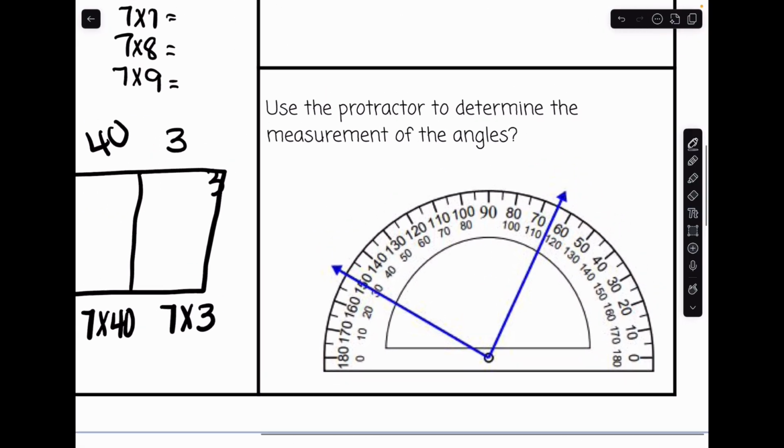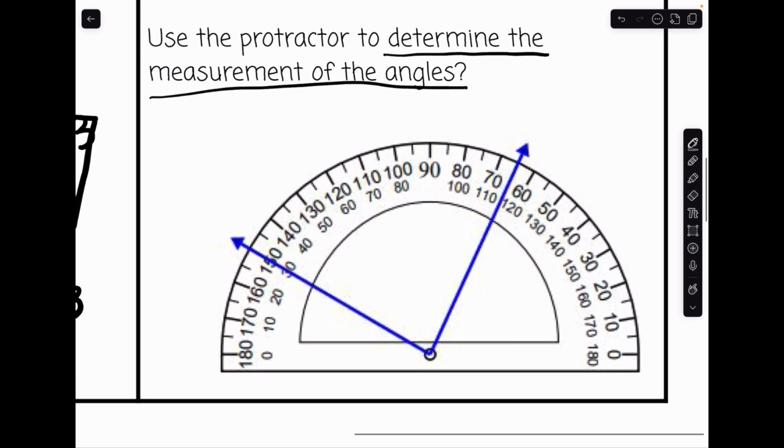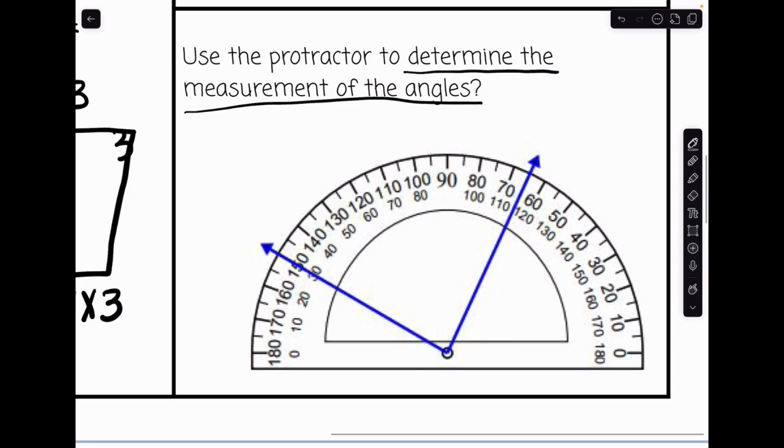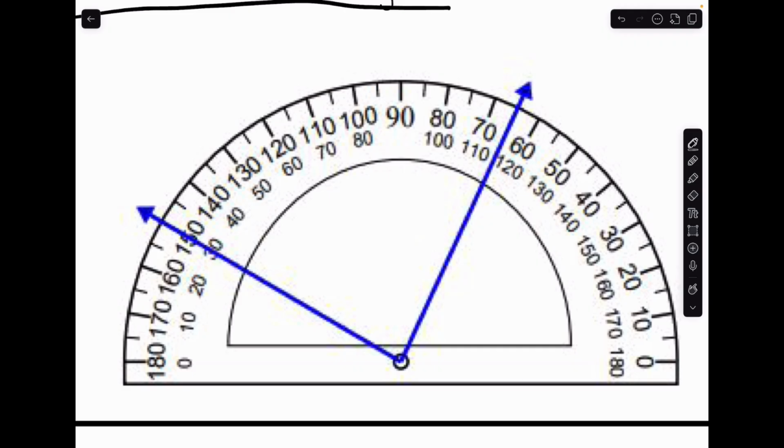Next, we are using the protractor to determine the measurement of the angle. Okay. So when I look at this angle, I'm going to zoom in, and y'all can do this when you're taking your test as well. You're either going to use the numbers at the top or the numbers at the bottom. No mixing, okay?